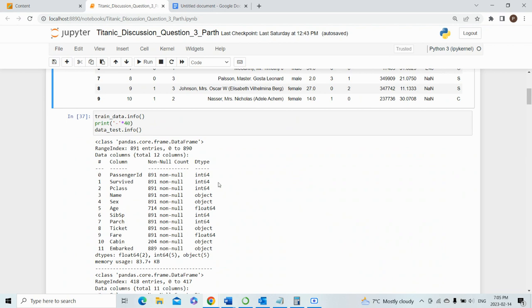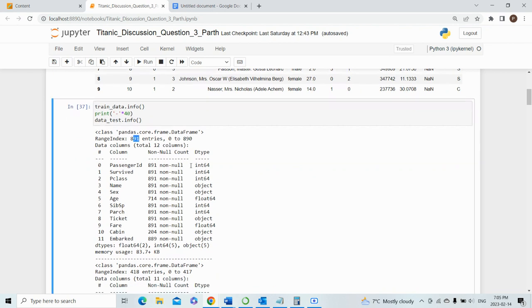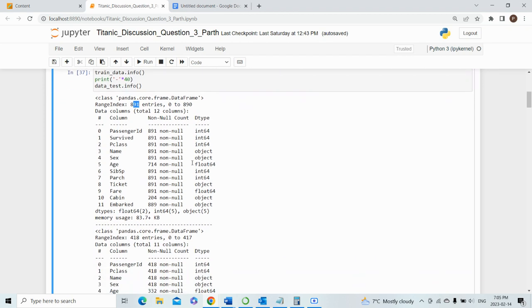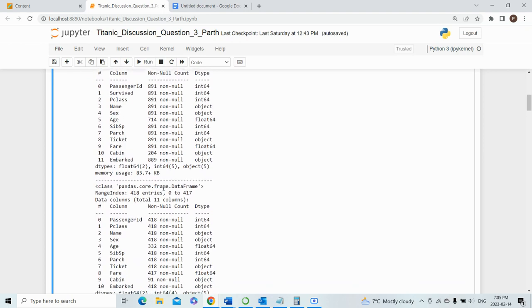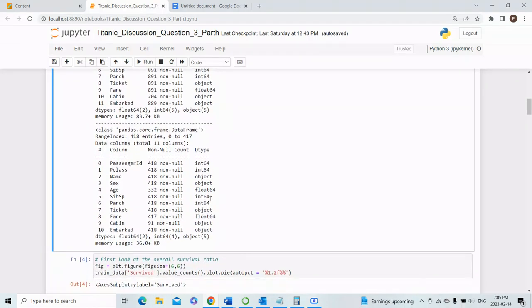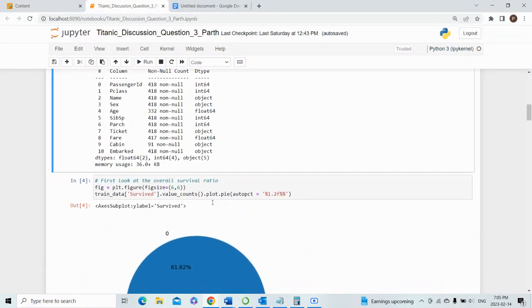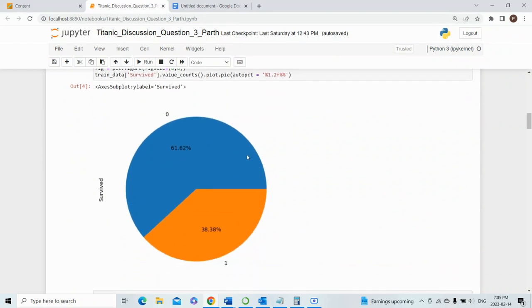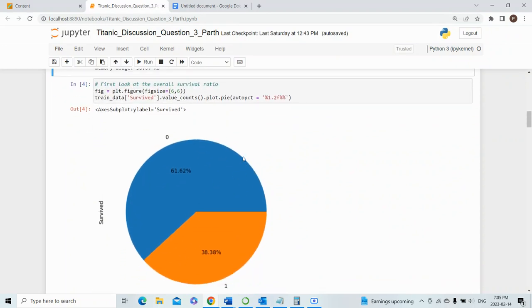The data basically consists of 891 entries, and we have several data types listed down here for each object, which we are going to talk about. As we go down, I see that there is a survival ratio which is created.